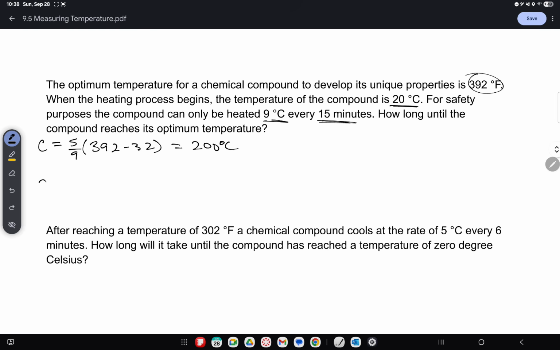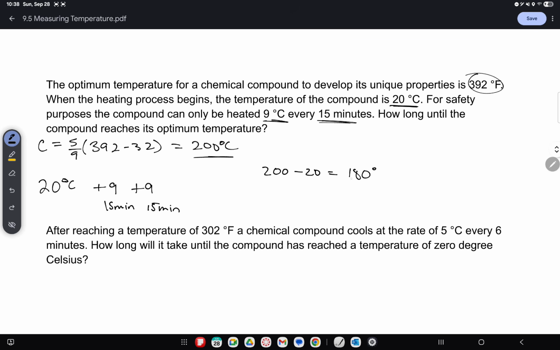So I'm starting at 20 degrees Celsius, and I'm adding 9 degrees every 15 minutes. Now, I don't want to add 9 until I reach 200, right? I want to figure out how far I have to go. So 200 minus 20, I have 180 degrees left to go.